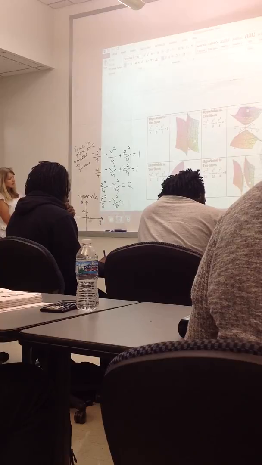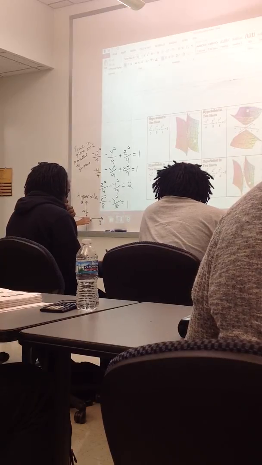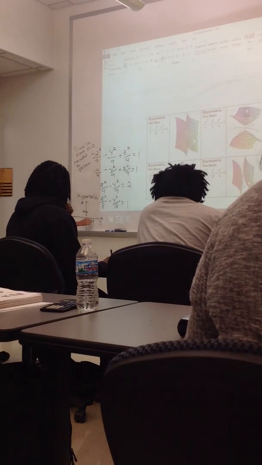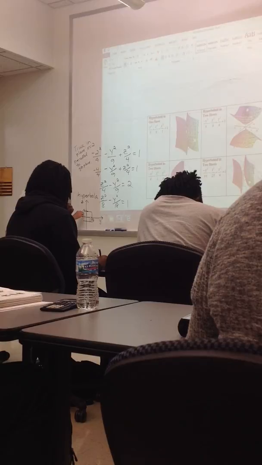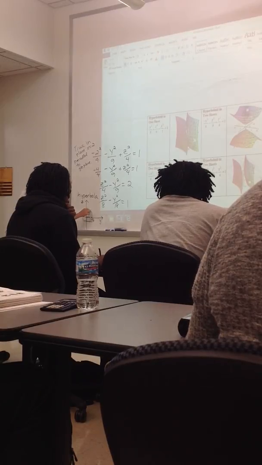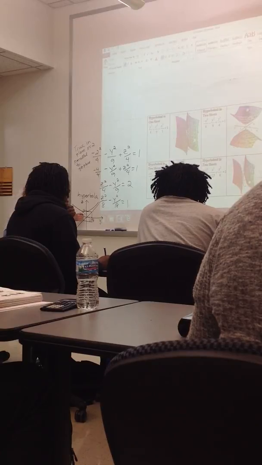The square root of 18 is a little bit bigger than 4. So the square root of 18, there's the other side of the box. And then there are my asymptotes.